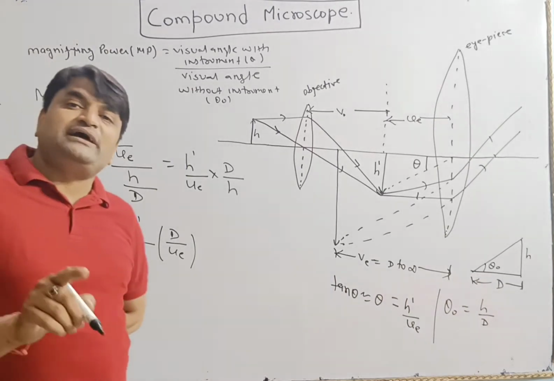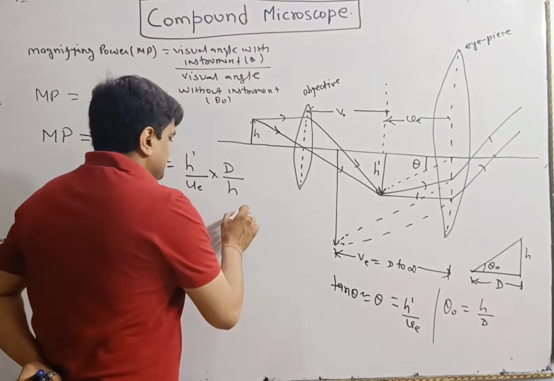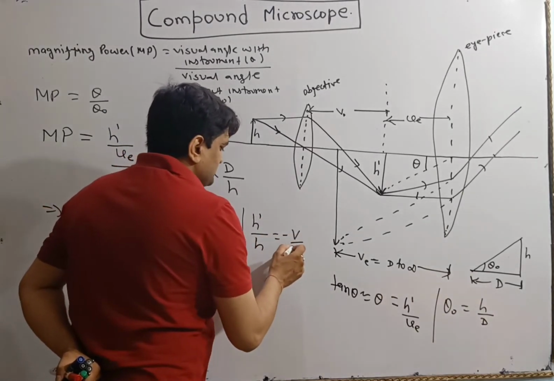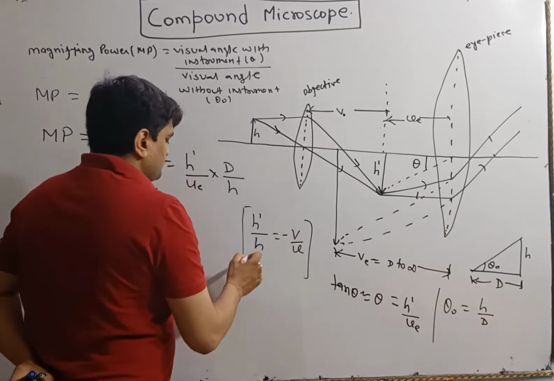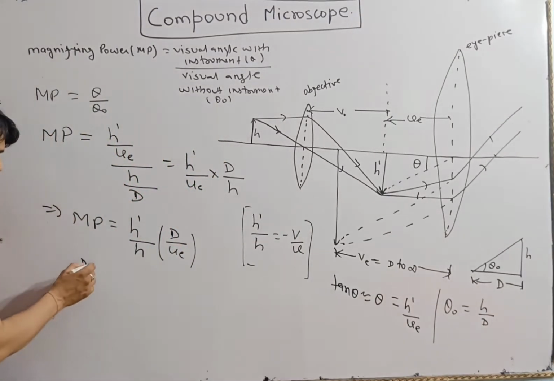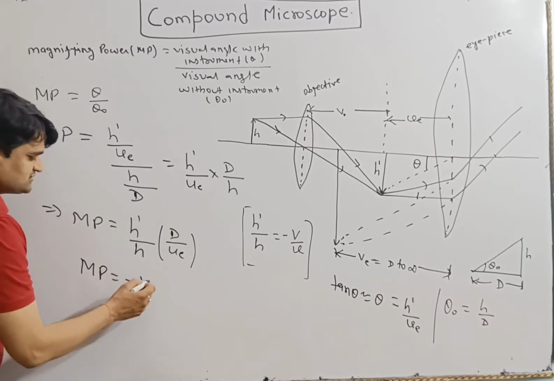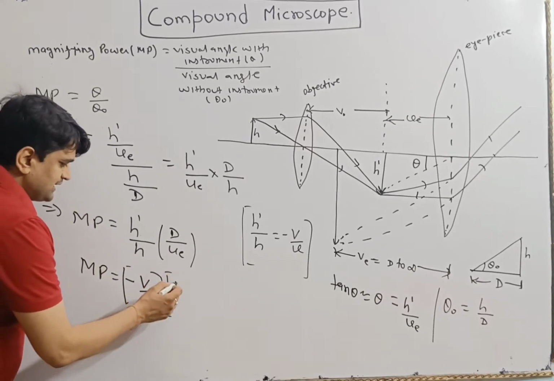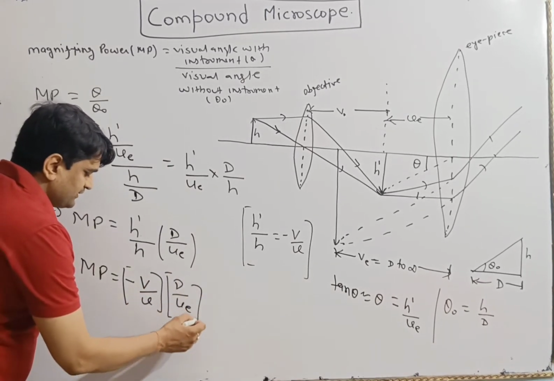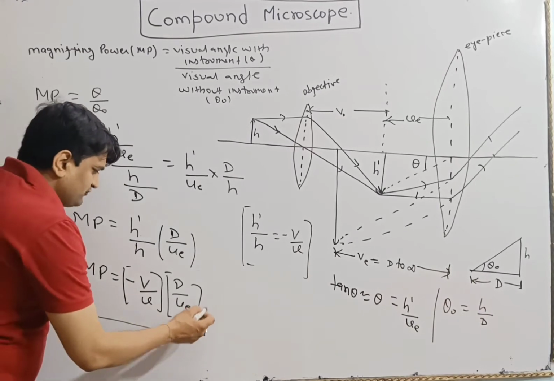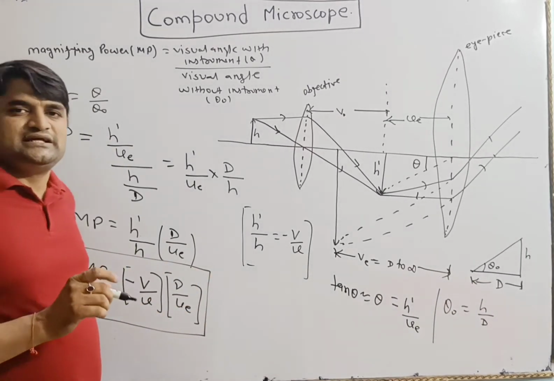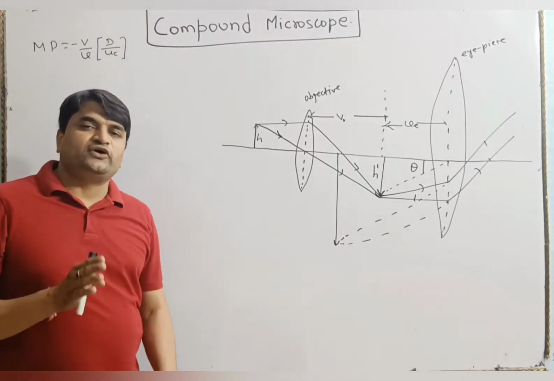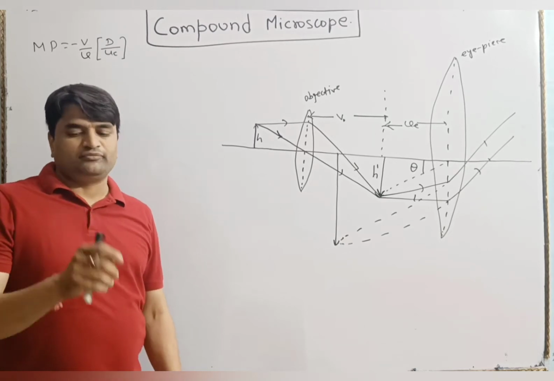And from simple microscope already we know that h dash upon h equals minus V upon U. So we can put here MP equals minus V upon U and D upon UE. This is the final result, and now we are going to discuss two conditions, for far point and for near point.